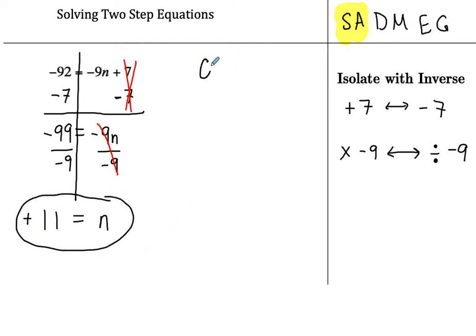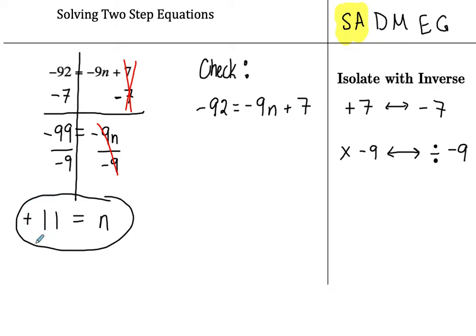Now the nice thing about equations is that I can check all my answers myself. I don't need to rely on a textbook or a teacher or somebody else to tell me whether I'm right or not. So I'm going to go back up to the original problem. I'm just going to rewrite the original problem. Negative 9n plus 7.